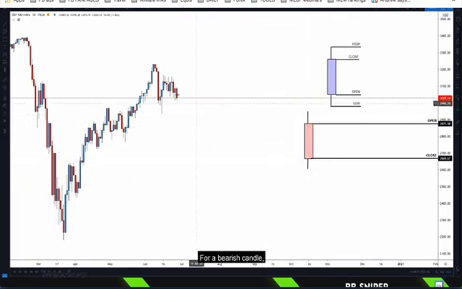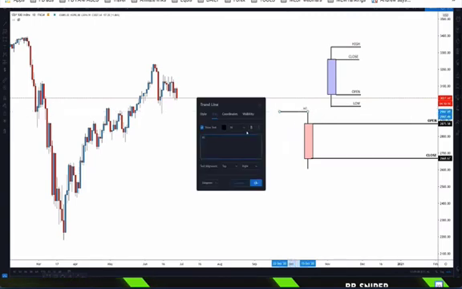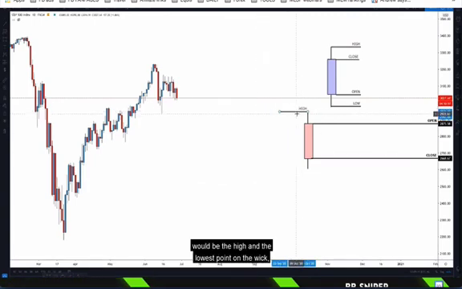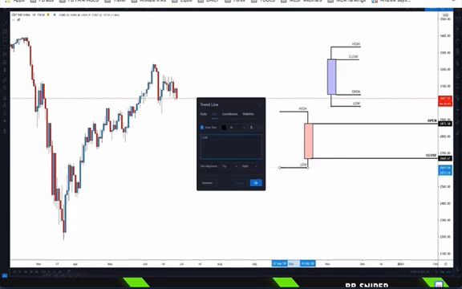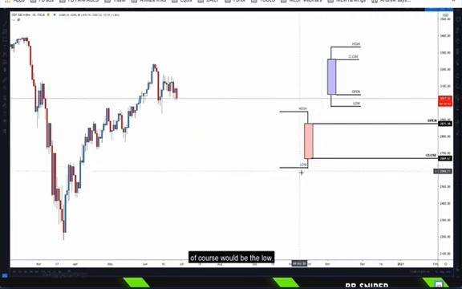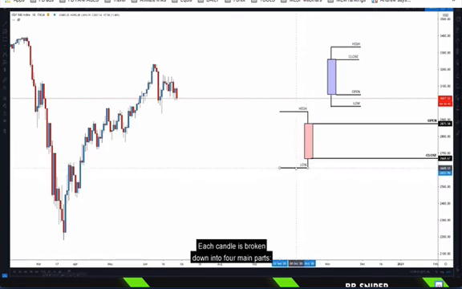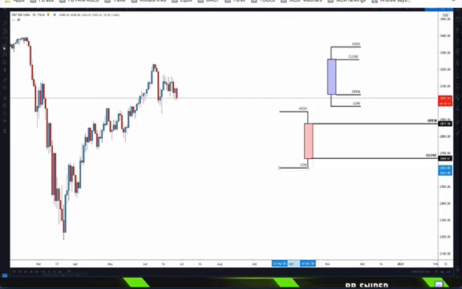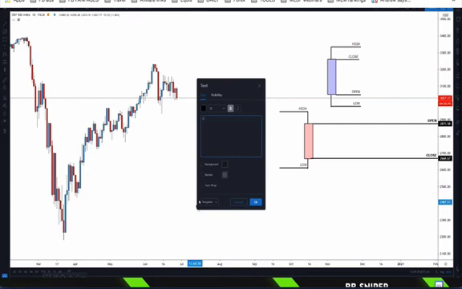For a bearish candle, it is the exact same thought process, where the top would be the high, and the lowest point on the wick, of course, would be the low. Each candle is broken down into 4 main parts: the open, high, low, and close.